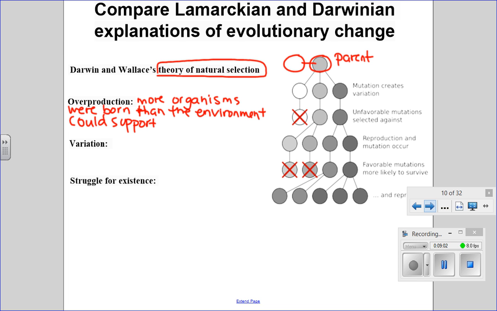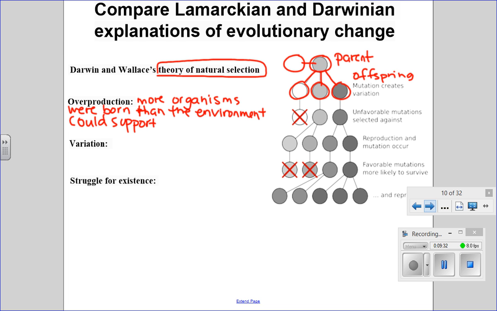Now, that's not true for every single species, but in most of the cases that Darwin observed, this was part of the deal. So from a parent or from a set of parents, there would be several offspring. So this row here would be the offspring. And if you notice, I just use shading here, the offspring do not all look the same.